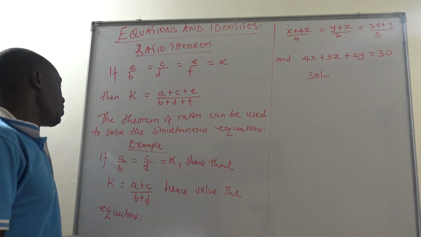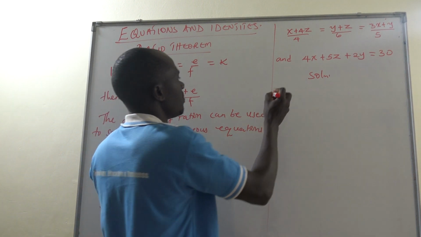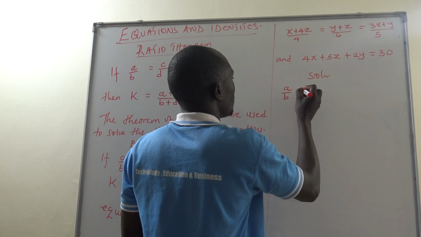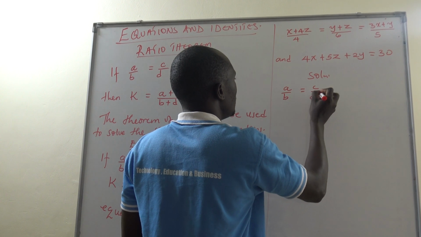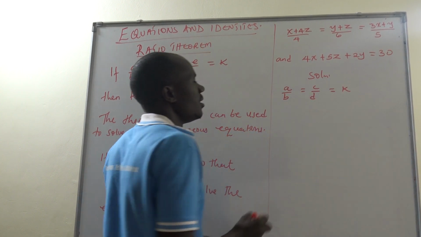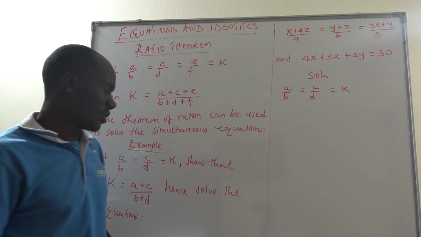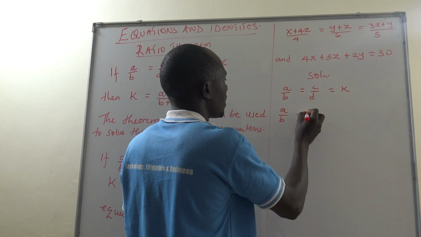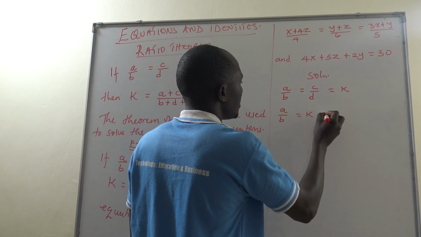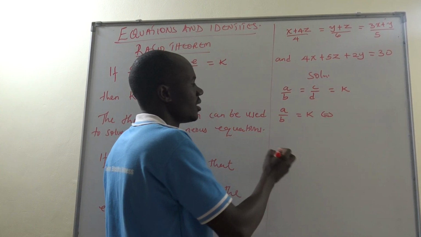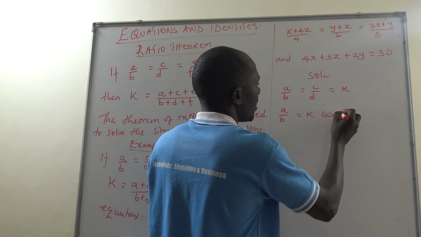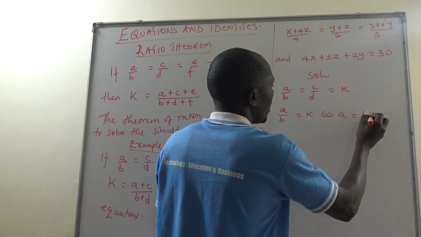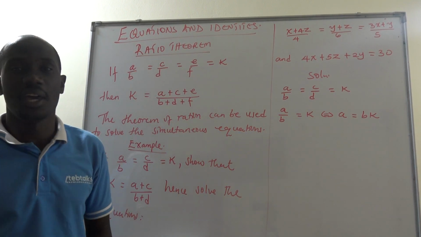So when we start with this, we are going to start by saying A out of B equals C out of D equals K. It means every ratio equals a constant. The first one we say A out of B equals K. This implies that when you make the subject, A equals KB or BK, you can say BK or KB.